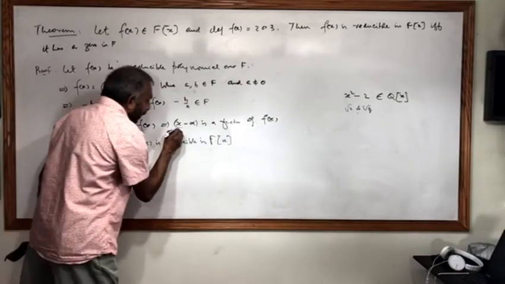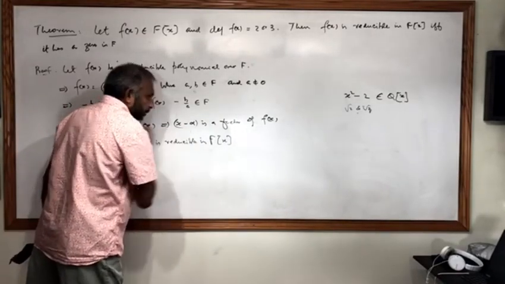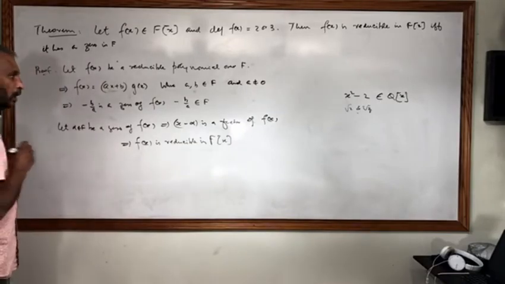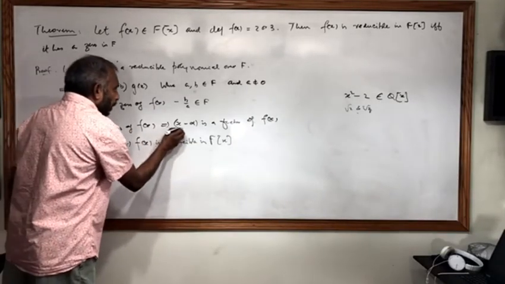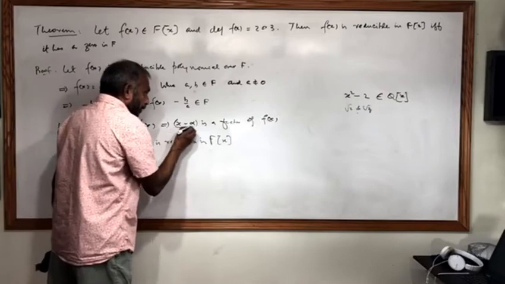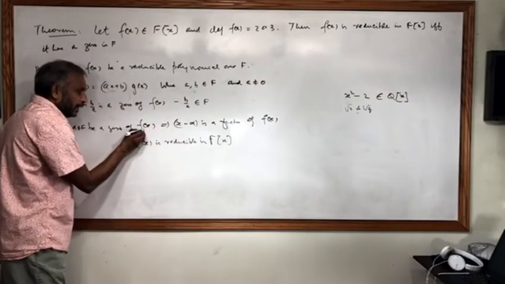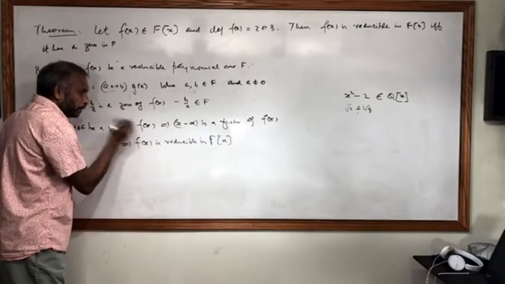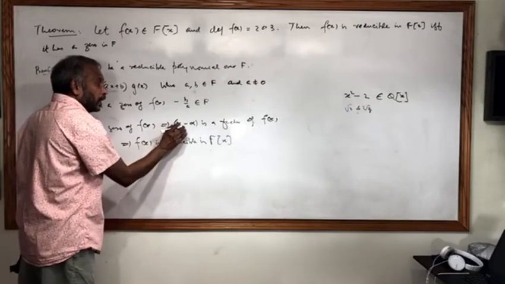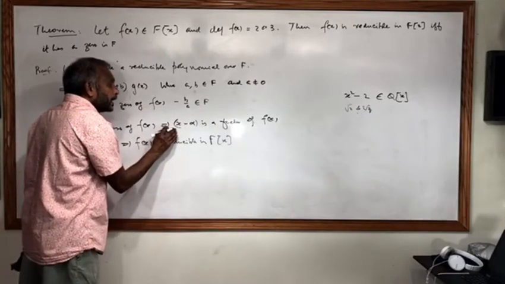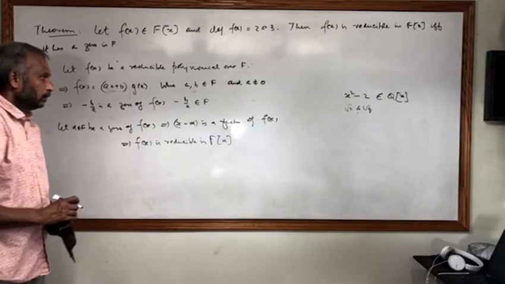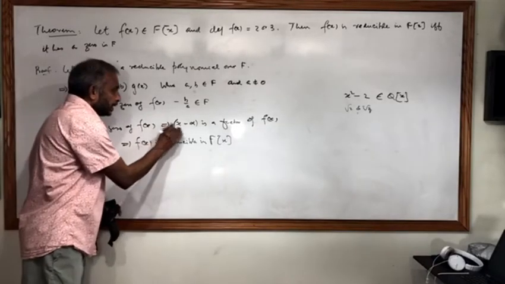So this is a polynomial in F[x]. If a polynomial in F[x] is a factor of this, definitely f(x) is reducible, because the degree of this is greater than 0.